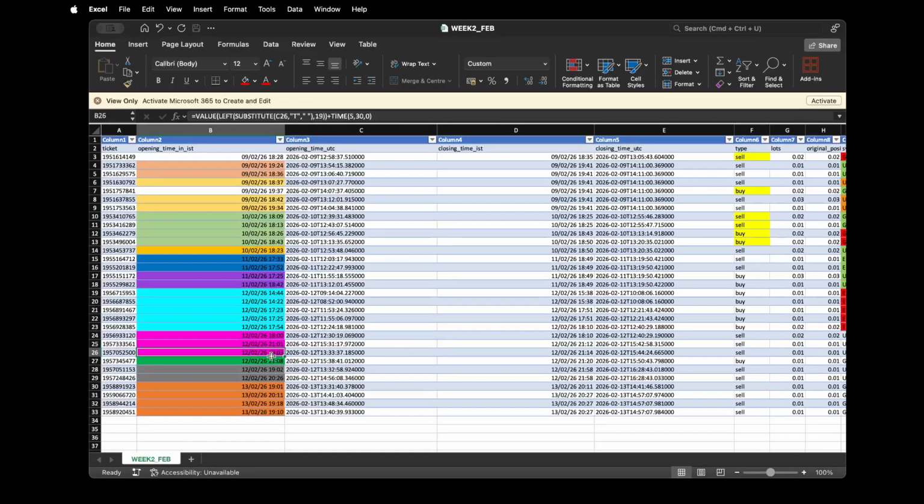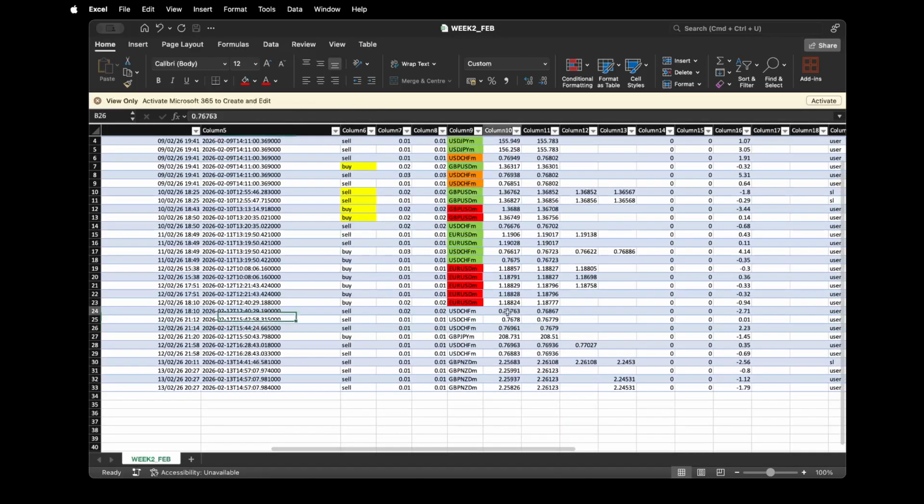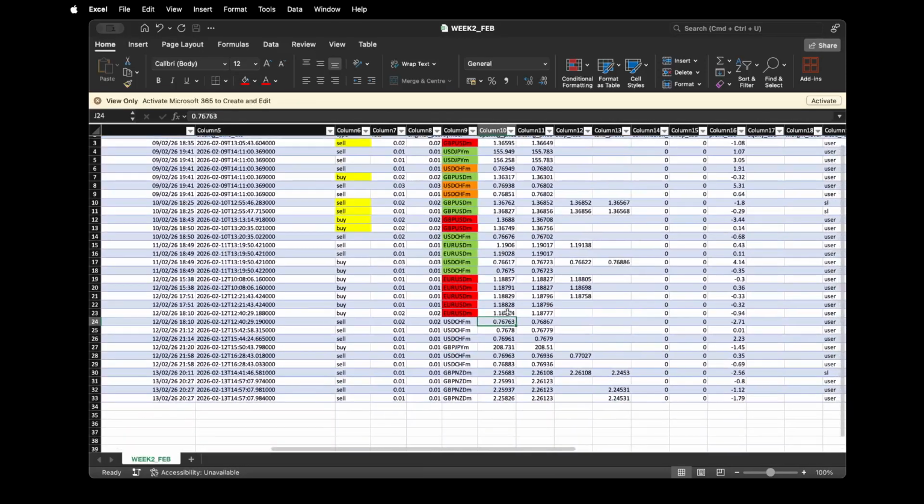The opening price was 0.76763. Yep, somewhere here. Okay, we made a sell.